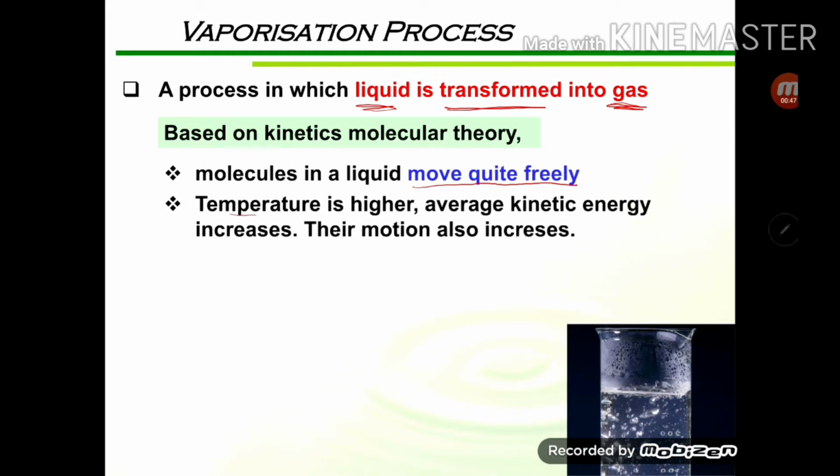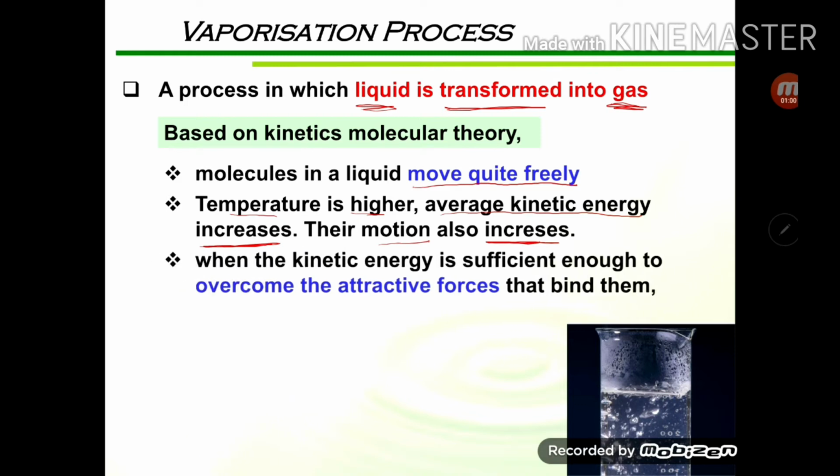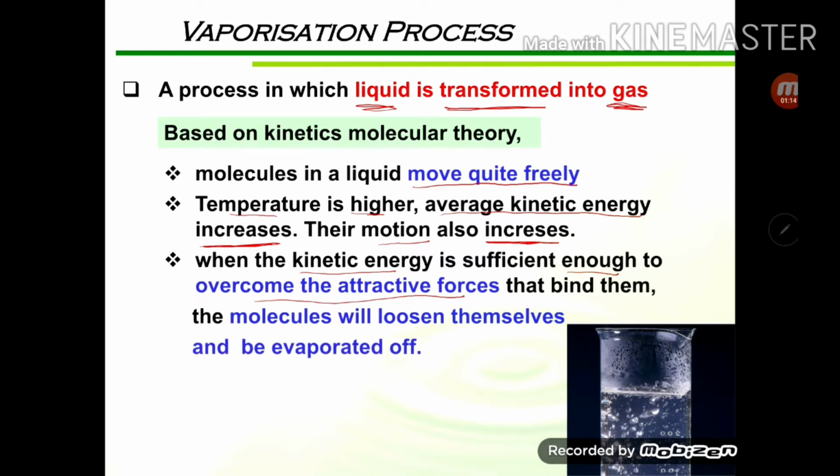When temperature is higher, average kinetic energy of molecules increases and their molecular motion also increases. When the kinetic energy is sufficient enough to overcome the attractive force that binds them, molecules will loosen themselves and be evaporated off. This is the process of vaporization.